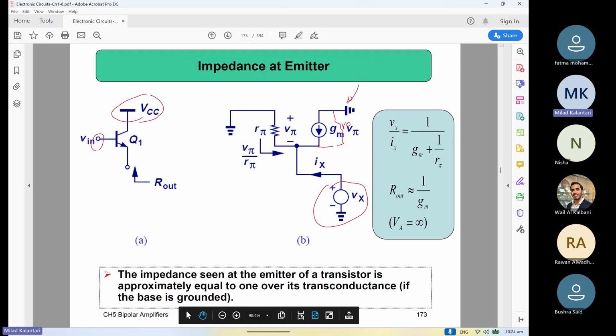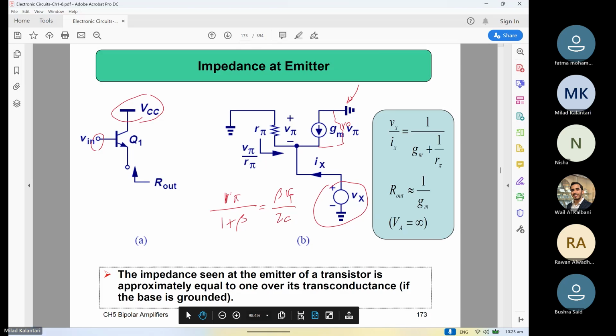So what you are seeing here is basically the impedance seen from the emitter, which is R pi divided by 1 plus beta, if you want to be accurate. And you remember the R pi was what? Beta times VT over IC, right?